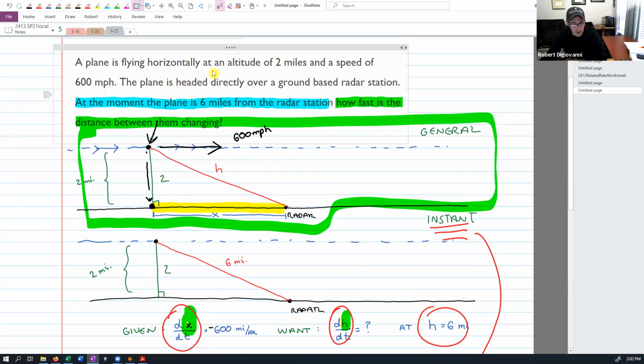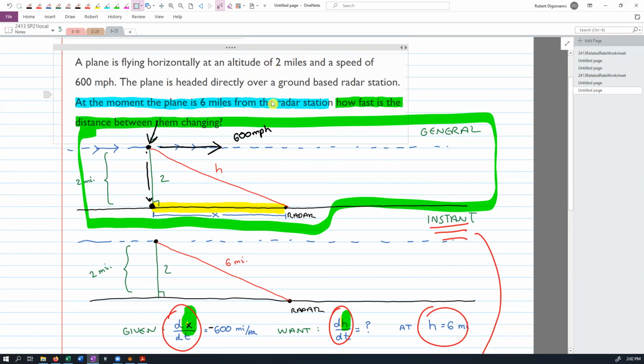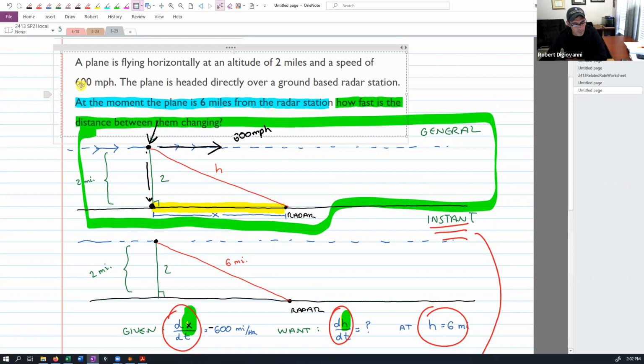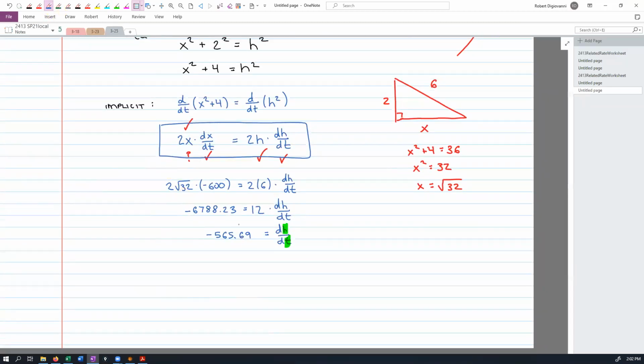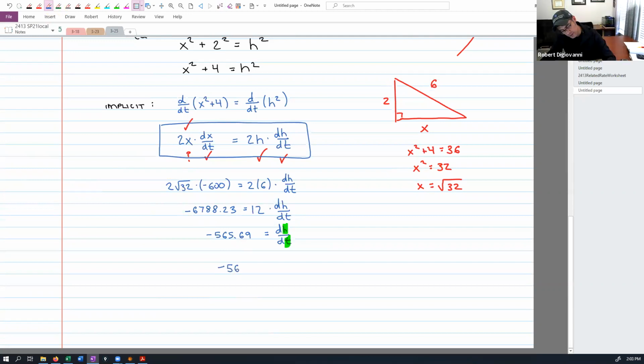And what are we measuring our time in here? It's not super obvious, but look at the speed of the plane. Miles per hour, right? So our time measurement is hours and our distance measurement is miles. So this answer should also be in miles per hour, right? So negative 565.69 miles per hour is dh/dt.